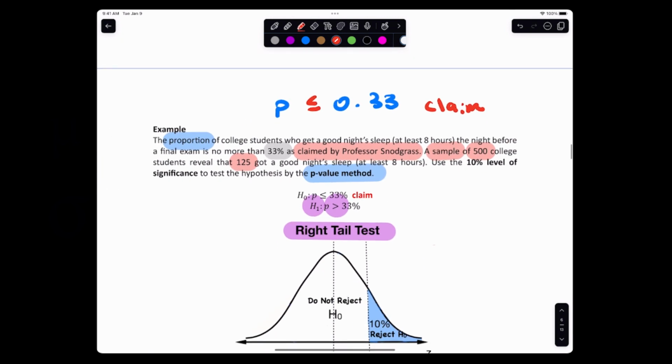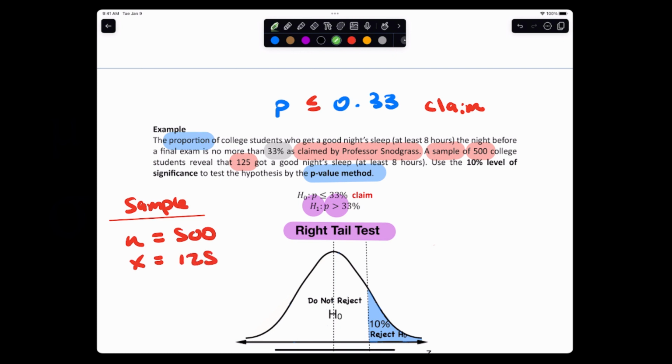So when I write my sample information down by this modern method, what do I want to write down? Sample size is 500. The number of successes is 125. Let's see if you guys remember. What's P naught?